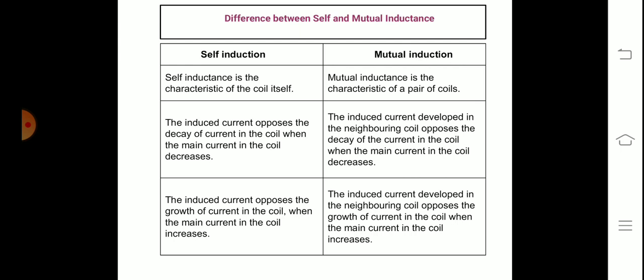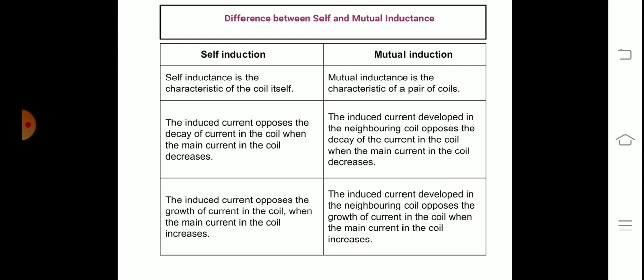Now come to the difference between self and mutual inductance. Self-inductance is the characteristic of the coil itself, whereas mutual inductance is the characteristic of a pair of neighboring coils. Now, in self-induction, the induced current opposes the decay of current in the coil when the main current in the coil decreases. In mutual induction, the induced current developed in the neighboring coil opposes the decay of current when the main current in the coil decreases.